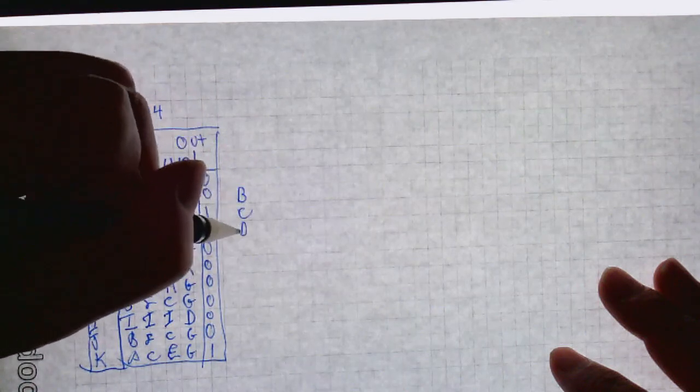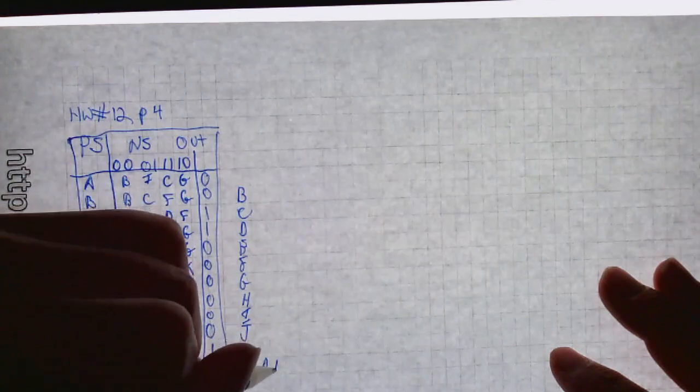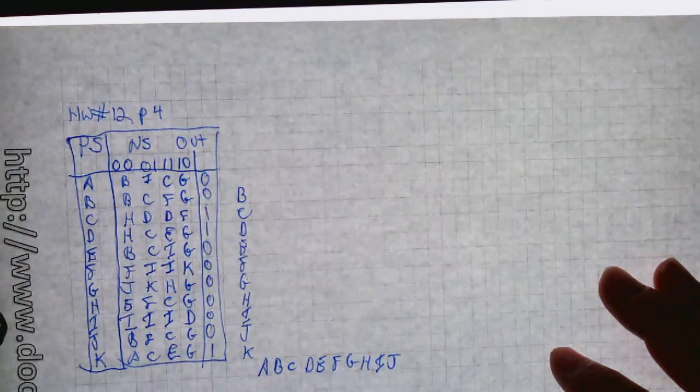B, C, D, E, F, G, H, I, J, K. And now we write out A through J: A, B, C, D, H, I, J.